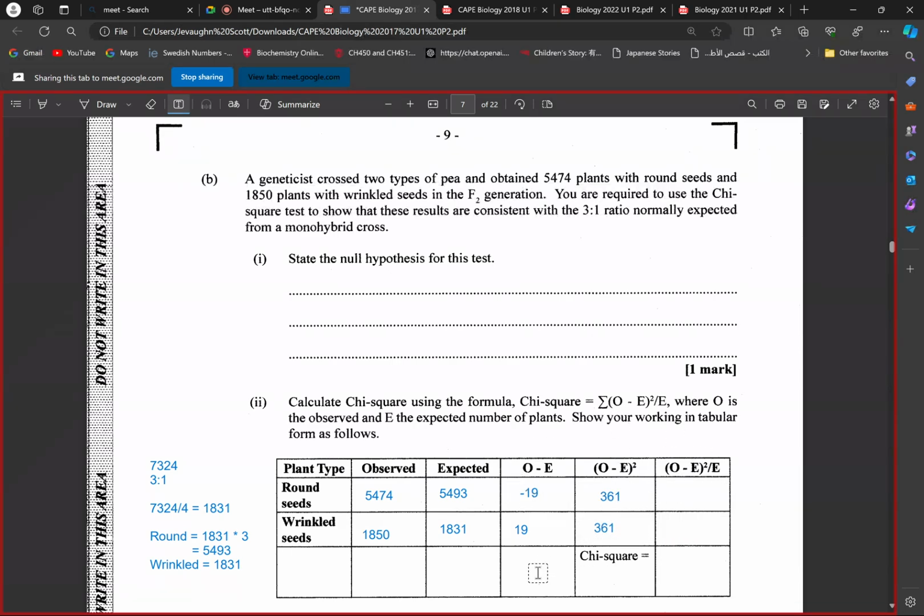So the negative values in this range don't matter. And then we start to divide the 361 by the expected. So 361 by 5493 would give us 0.066, right? And here we're going to get a value of 361 divided by 1831, right?